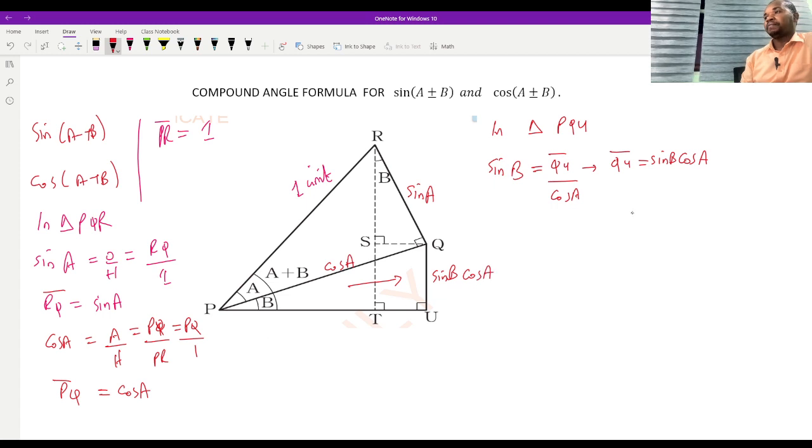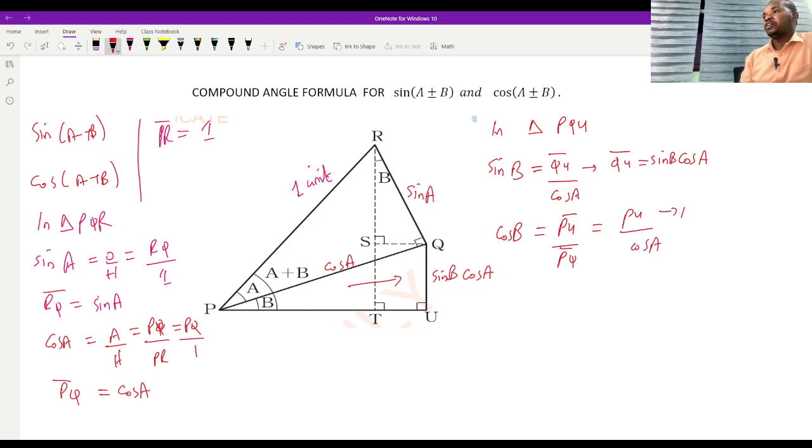And in the same triangle, cosine B will be PU over PQ, which is our hypotenuse side. So PU over cosine A again.